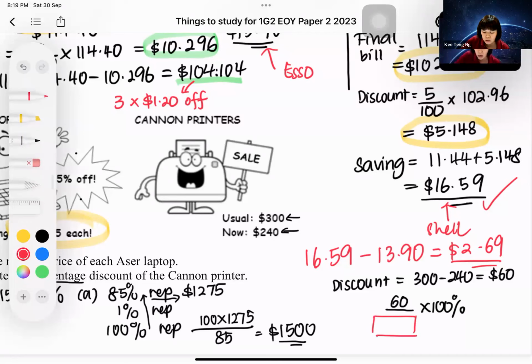Is it $300 or $240? Yes, thank you. It's $300. So it's 60 divided by 300 times 100%. Please don't put the percent in your calculator, okay? The percent, you just type 100 in your calculator. Don't press the percent in your calculator. Then you get your answer to be equal to 20. Finally, you write your unit, 20%.